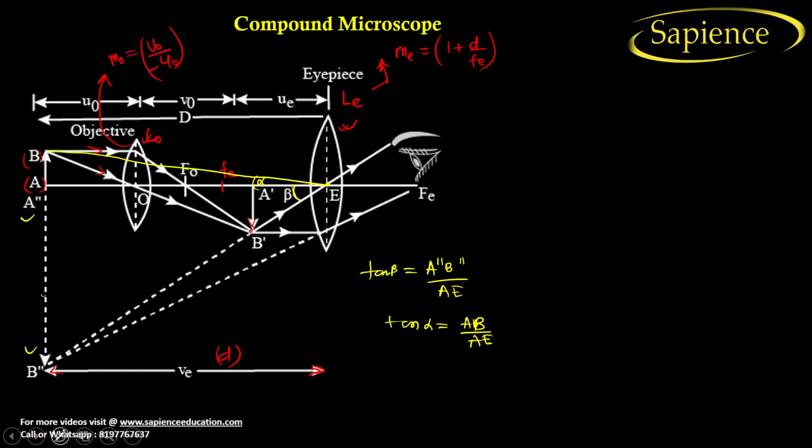Now we have to find angular magnification, because we have already told that whatever comparison is of the magnification will be done in terms of angular magnification only. So this is the angular magnification.